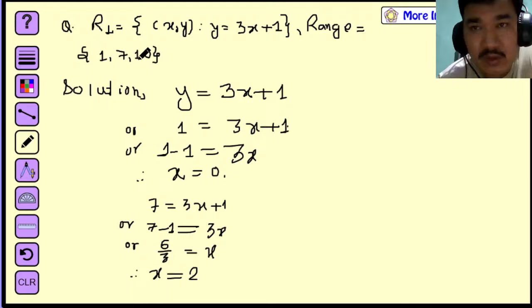Now when you put the y value 10 there, 10 equals 3x plus 1.